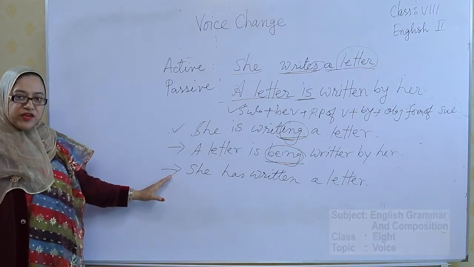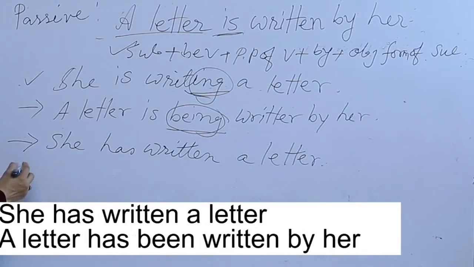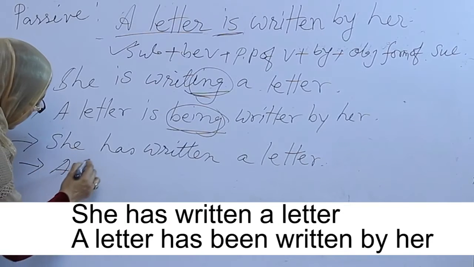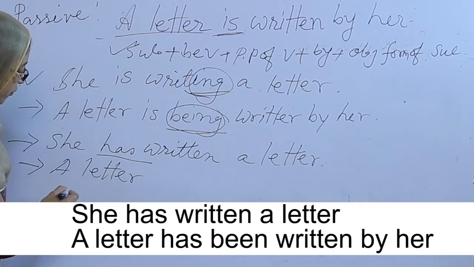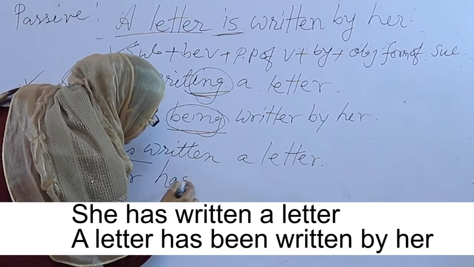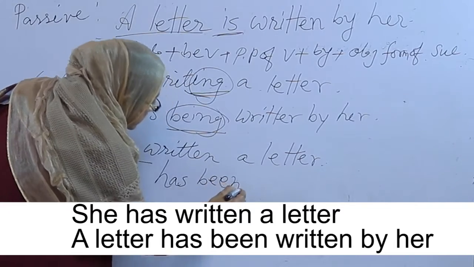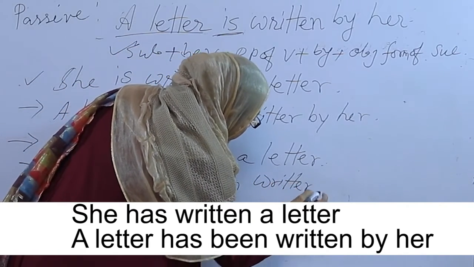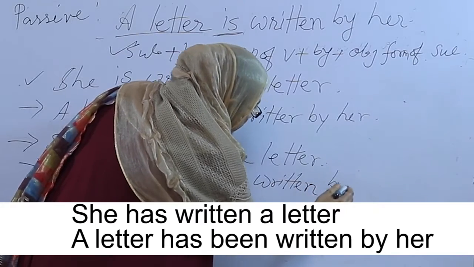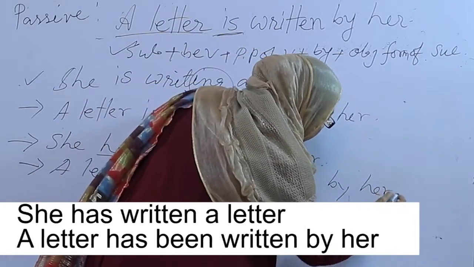So how can we turn it into passive? Look at the board. A letter, if there is has, we write has been, and then the past participle form of the word, then by, and also her.